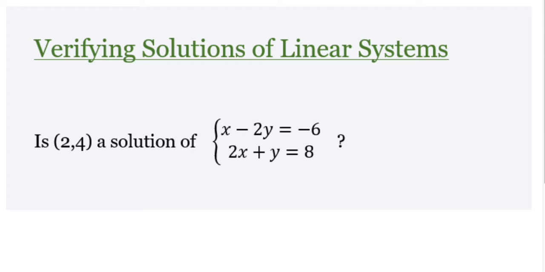So a simultaneous solution is to check if the point 2, 4 works in both of them at the same time. If the answer is no for either one of them, I'll write this up here. If no for either, it's no for the whole question.